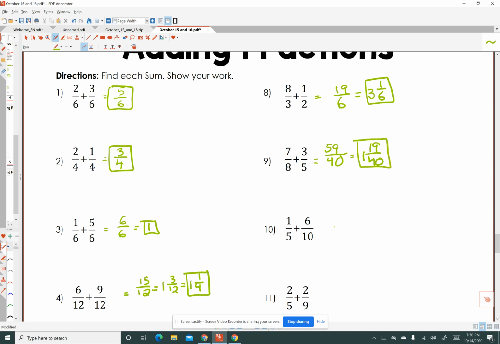Number 10, your denominator will be tenths, and you will end up with 8/10, which can be simplified because 8 and 10 are both divisible by 2, so we can simplify it to 4/5.